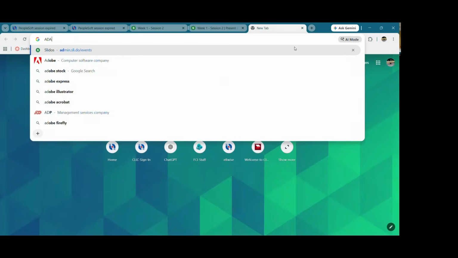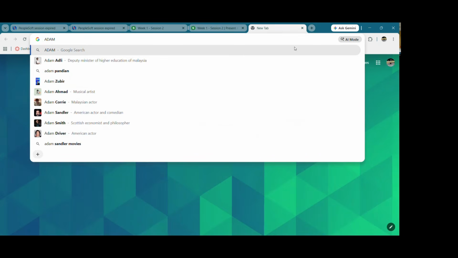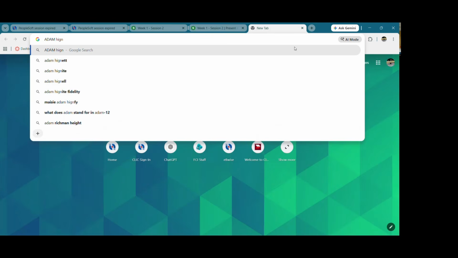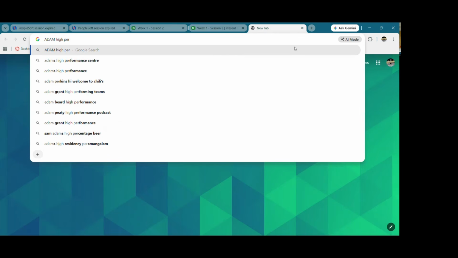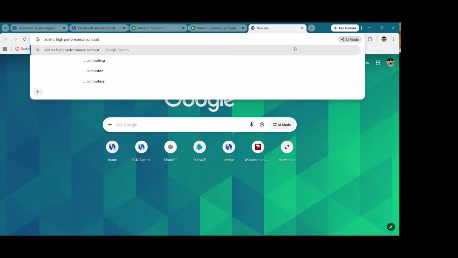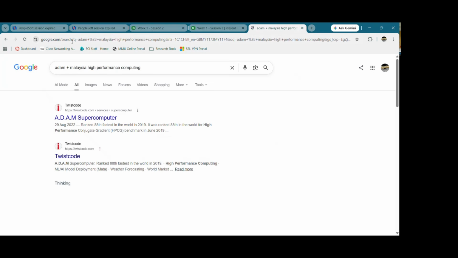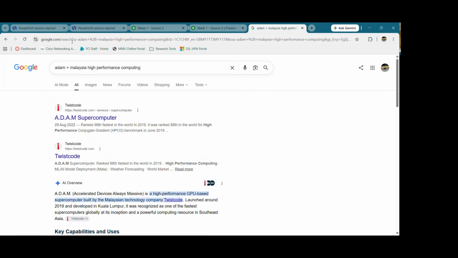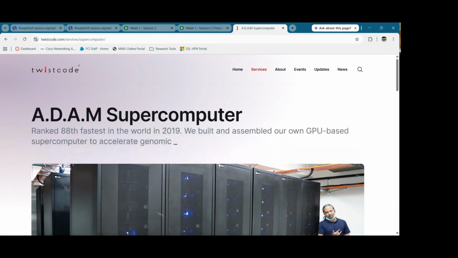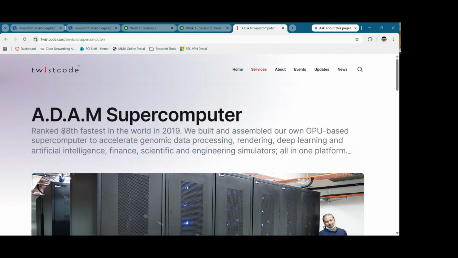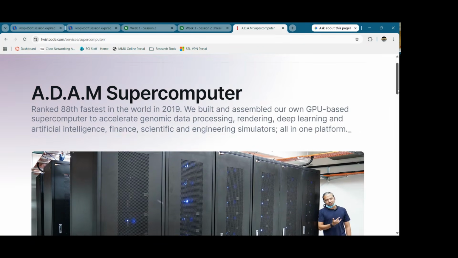I know we only have one, the first mission supercomputer. In 2019, this supercomputer ranked 88th fastest in the world. After that, no more supercomputer.